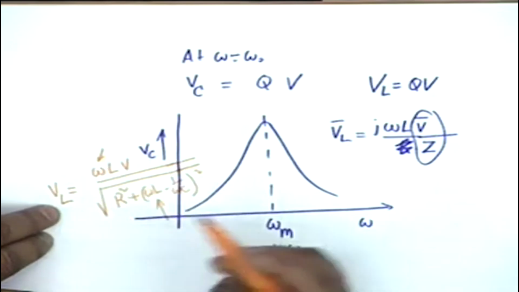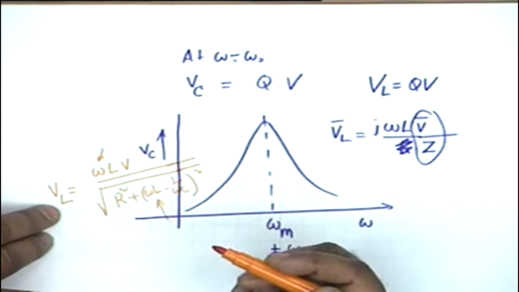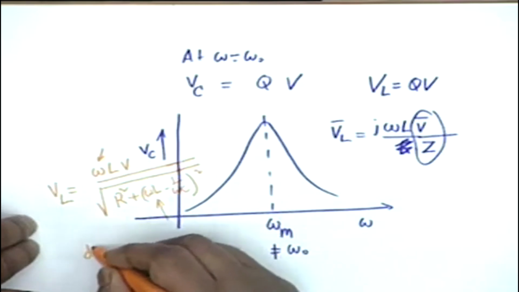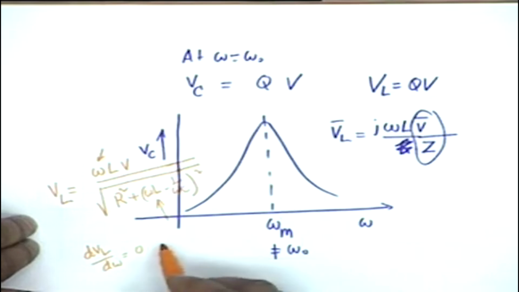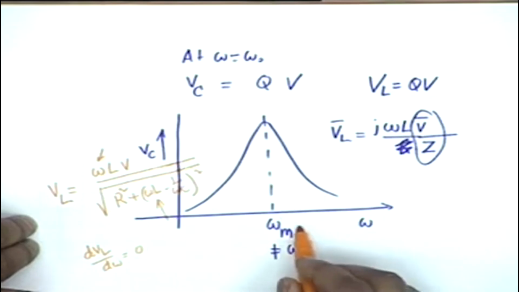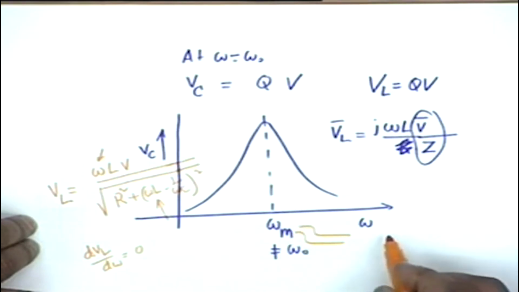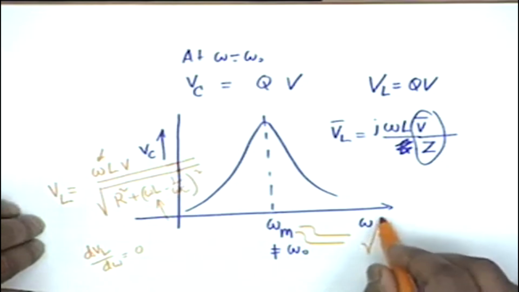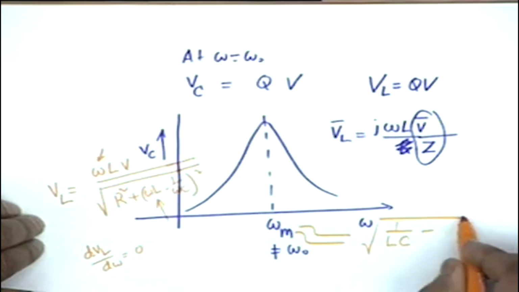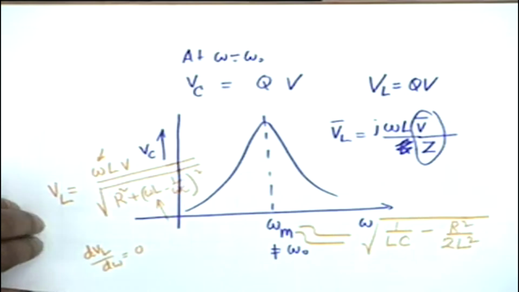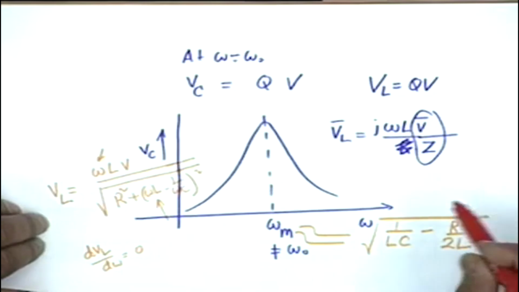In fact, to find out the frequency of maximum, what you have to do is dVL d omega shall be put equal to 0, and you can show that omega m, this I leave it to you as an exercise, you can show that omega m is equal to 1 by square root LC minus a quantity which depends on capital R, and I shall write down, as far as I remember, the expression is this, minus R squared by 2L squared, but I will put this with a question mark.